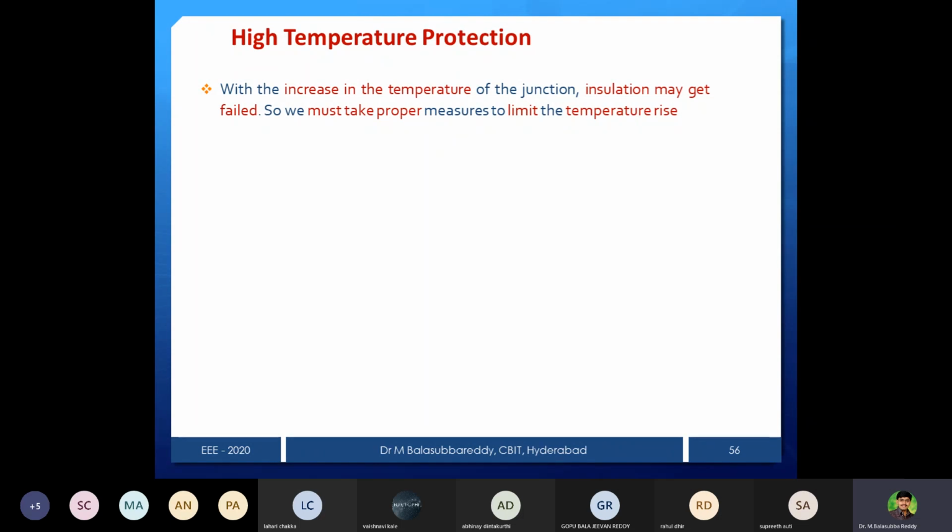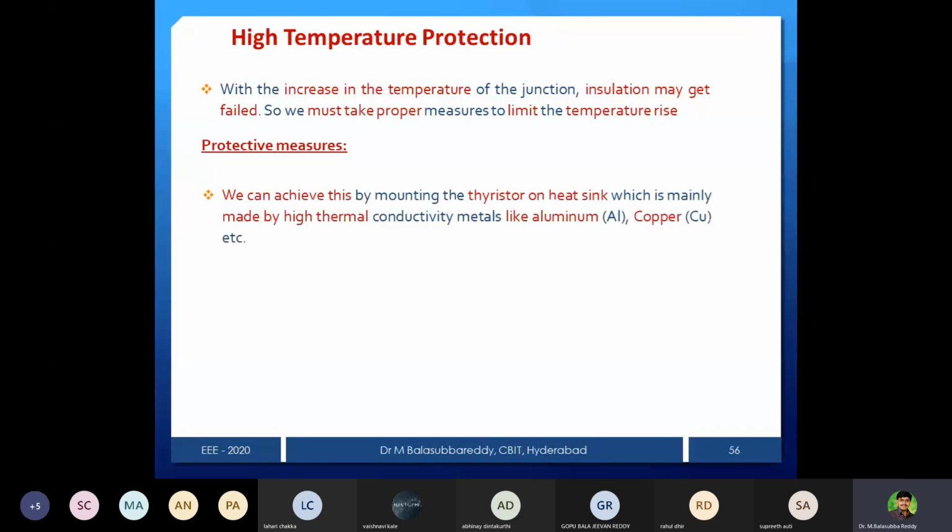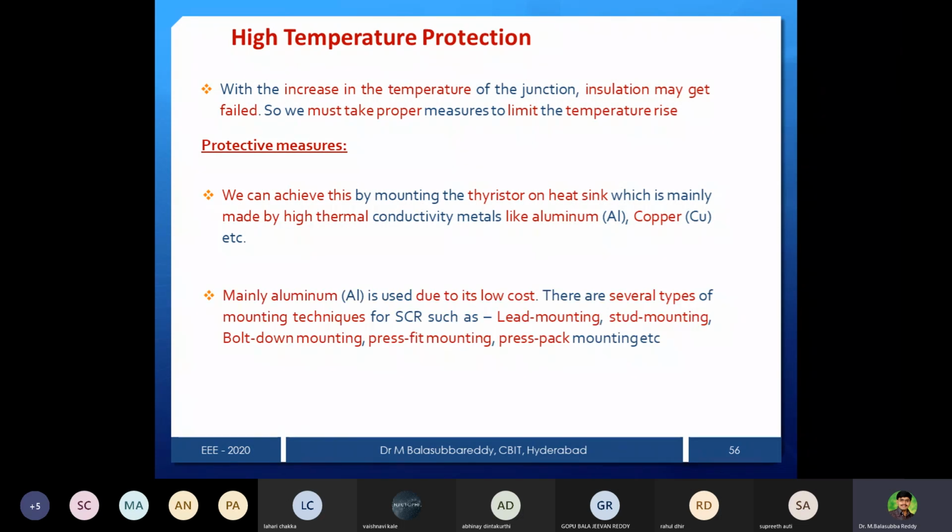Some of the points: increasing the temperature of a junction, you can see that insulation may fail, so we must take proper measures to limit the temperature rise. The protective measures are, we can achieve this by mounting the thyristor on heat sinks, which are mainly made of high thermal conductivity material like aluminum, copper, etc. So using this type of material, the device is placed over that metal heat sink, and we can minimize the temperature rise.